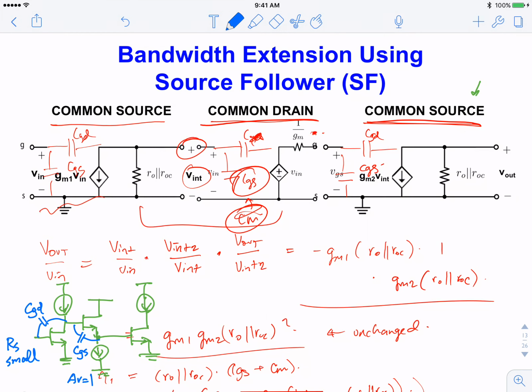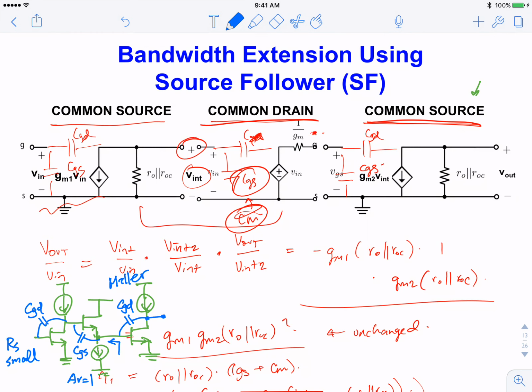Now going to the third stage, we go back to CGD again, and we have a moderate gain. So when we take output from here, we again have a Miller effect, right? So again, we have a Miller effect we have to worry about here. But now we have altered the impedance.